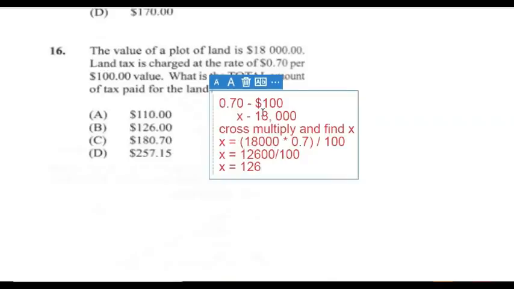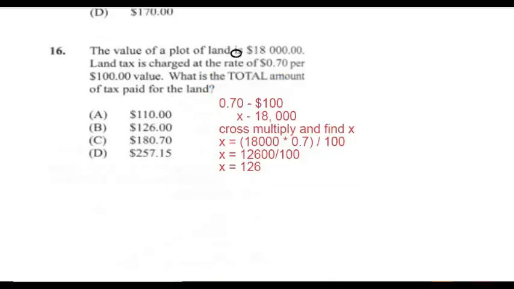So x is equal to 18,000 multiplied by the 70 cents, and all of that is divided by $100, and we now have x is equal to 12,600 divided by 100, and we cancel, and x is equal to 126. So we cancel the zeros from the 100 with the zeros from the 12,600.